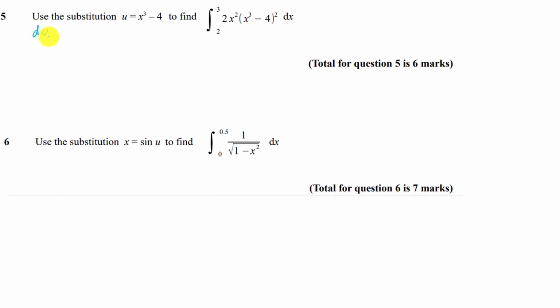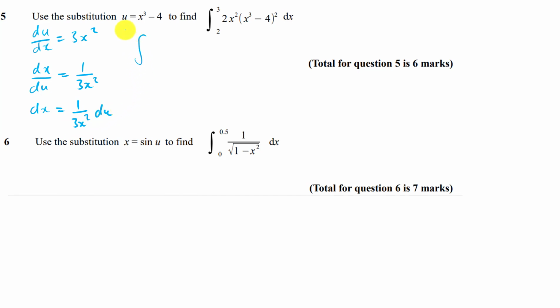So over here we're going to go du dx equals 3x squared. So dx du equals 1 over 3x squared. Multiplying both sides by du, dx equals 1 over 3x squared du.